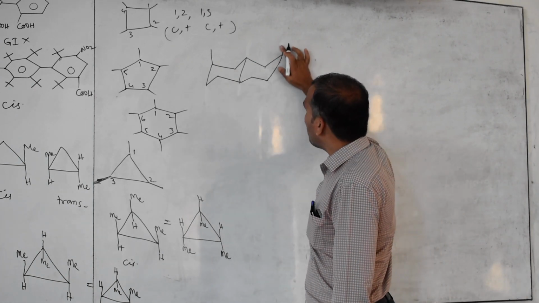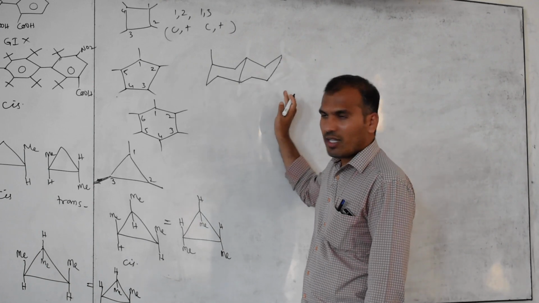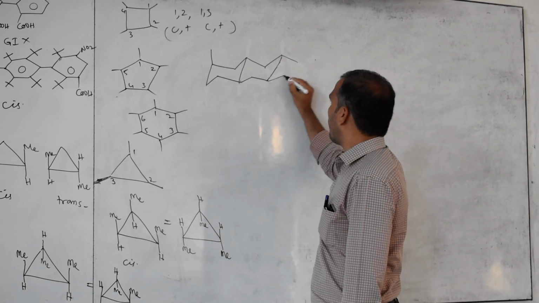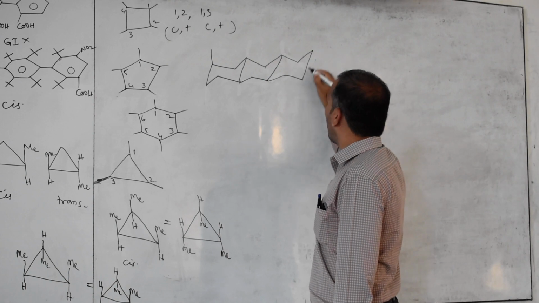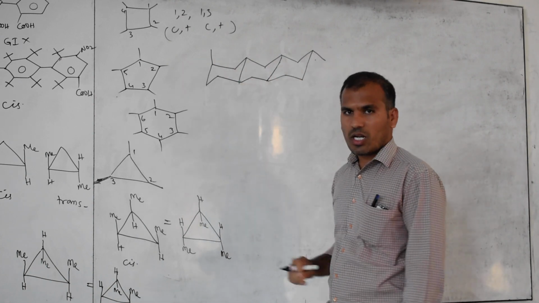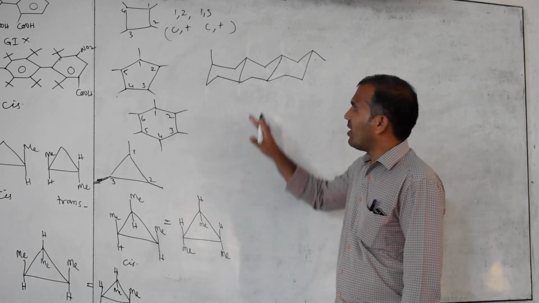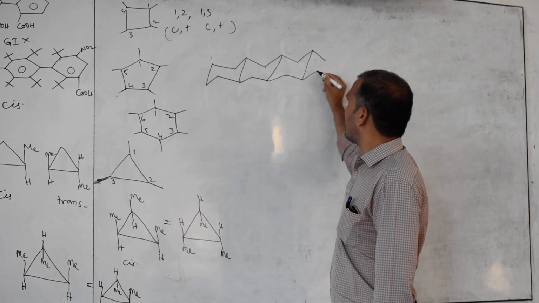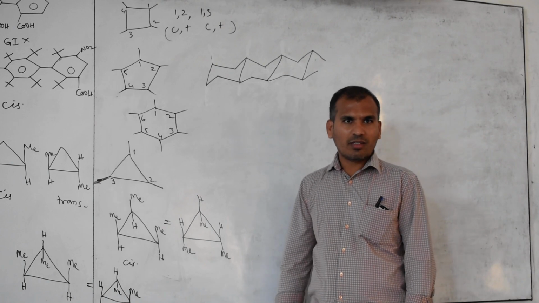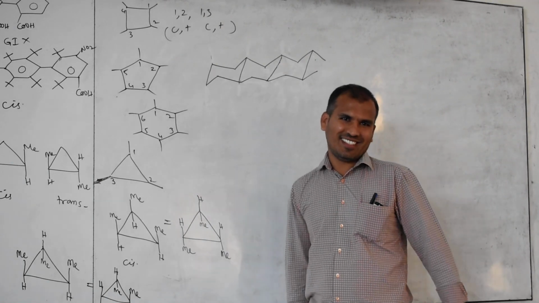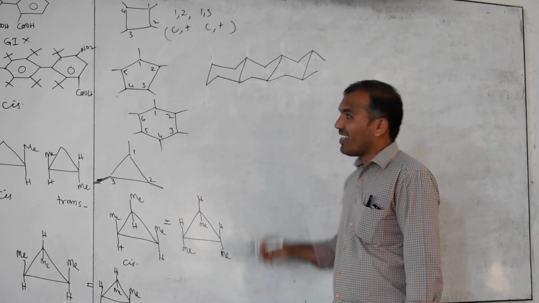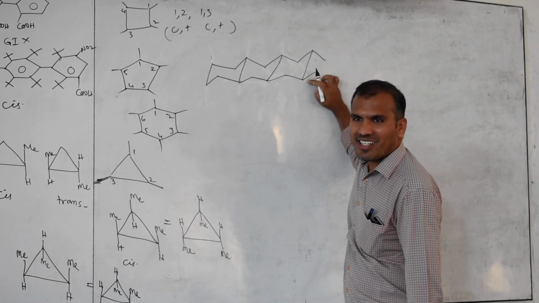If I change one more ring, can you answer it? Then these two are trans. Understanding the answer, sir? Now, these two look like cis but are trans. Why? This is down. This is which one? Up.